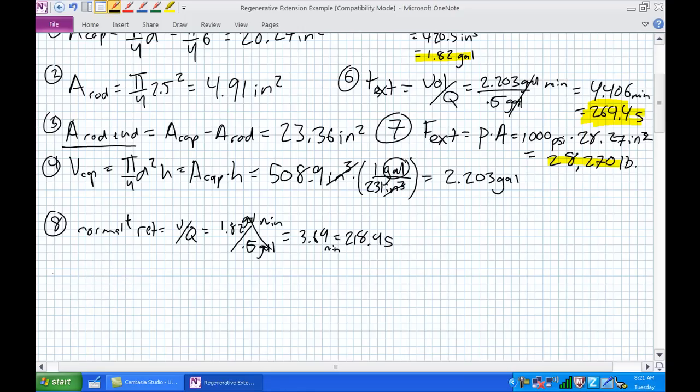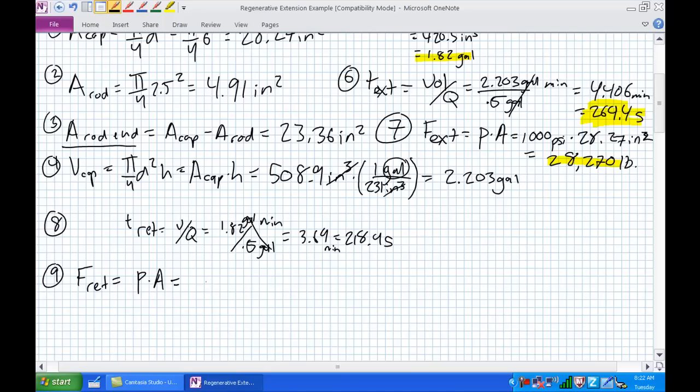Okay, so let's go ahead while we're here. What is the force at retraction, because we're going to go into what's the difference here. So force at retraction, this again is pressure times area. What is our functional area now? Our functional area is the annular ring, which is a smaller area. So let's go ahead and see if that is less force.